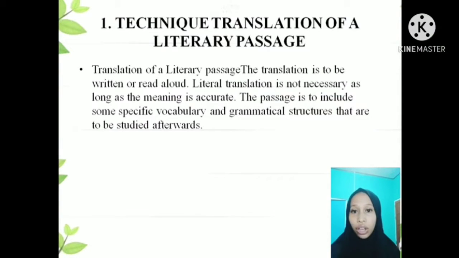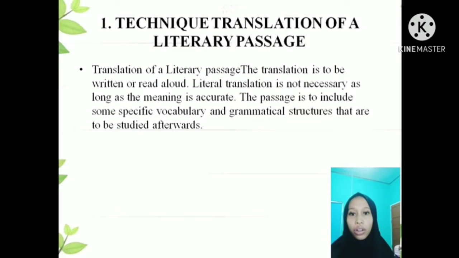So, translation of literary passage. The translation is to be written or read aloud. Literal translation is not necessary as long as the meaning is accurate. The passage is to include some specific vocabulary and grammatical structures that are to be studied afterward.